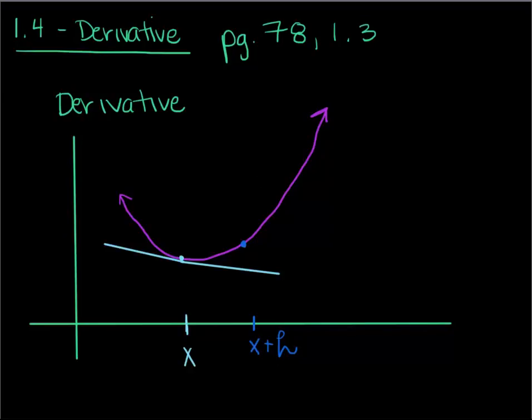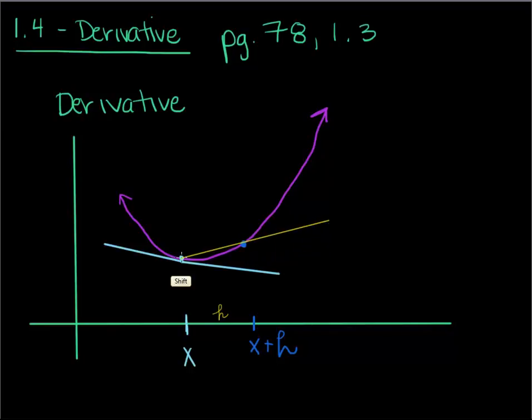So this distance right here, I define to be h. This distance right here is h. If x is 1 and h is 2, then I'm going to be up at 3. So I'm going to graph a line through this point and the point I found here.